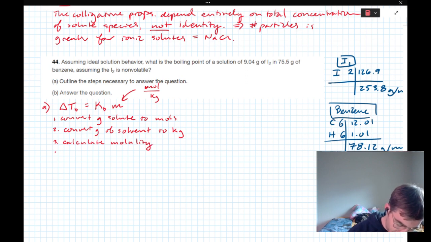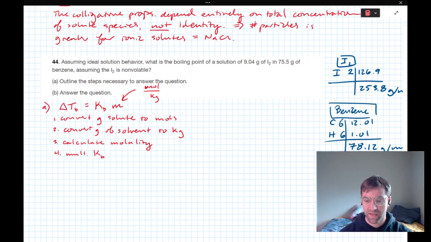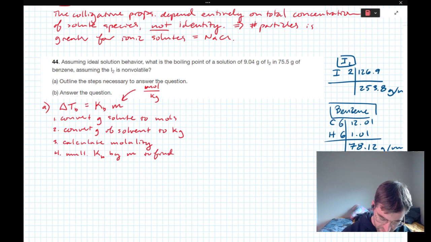So calculate molality. And then multiply the boiling constant, which will be tabulated. And this will be the boiling constant of our solvent, so the thing we have more of, by the molality to find the change in boiling temperature.